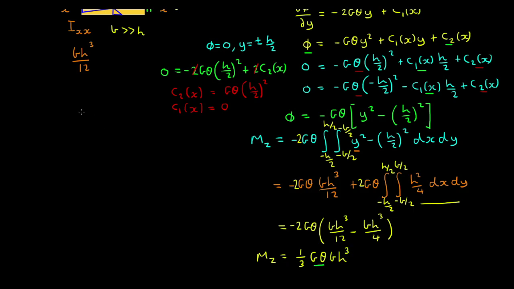So therefore we can write Gθ as 3 by the torque on bh cubed. And now if we substitute this in, our stress function can be written as follows.